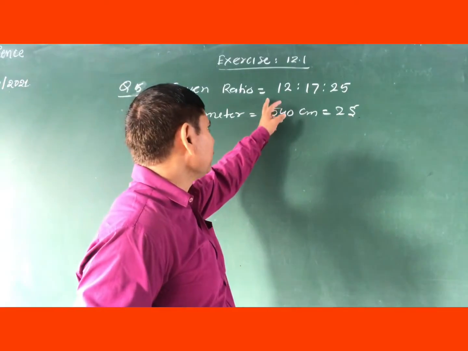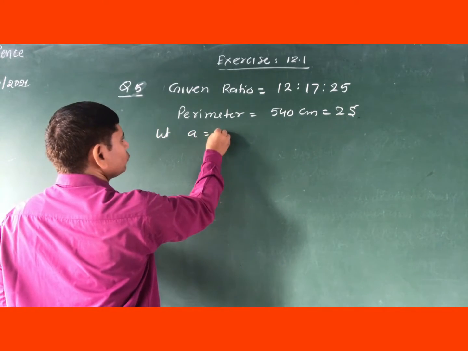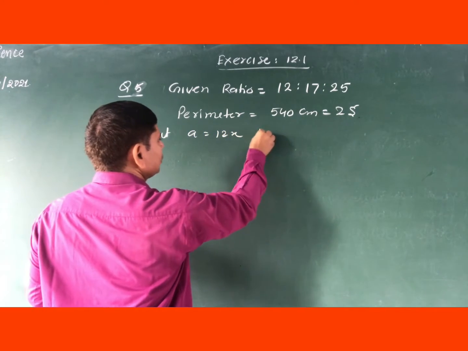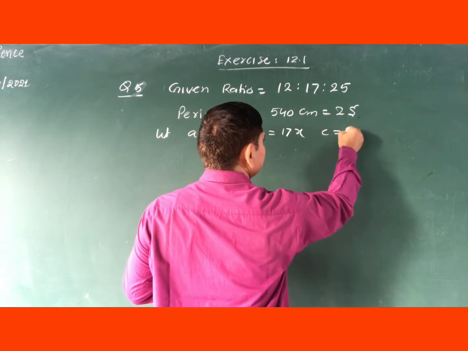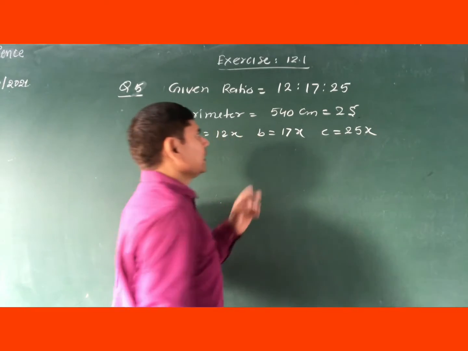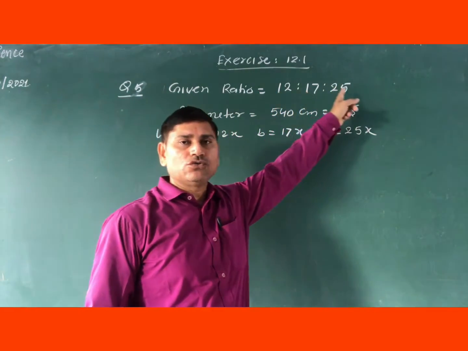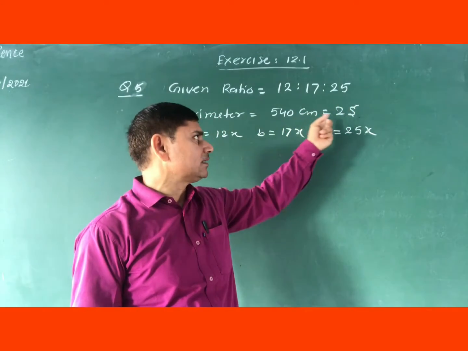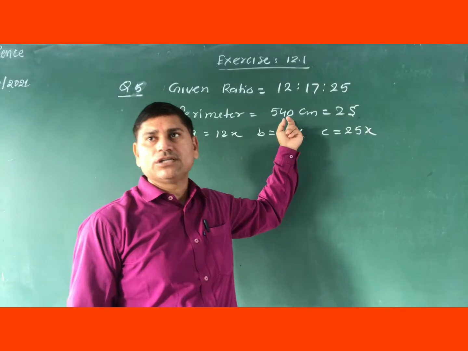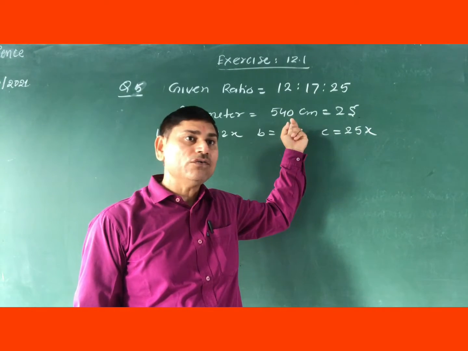First of all, we will write here let a equal to 12x, b equal to 17x, and c equal to 25x, when the ratios of sides are given as 12 is to 17 is to 25, and the perimeter of this triangle is given as 2s equal to 540, and we are required to find the area of the triangle.